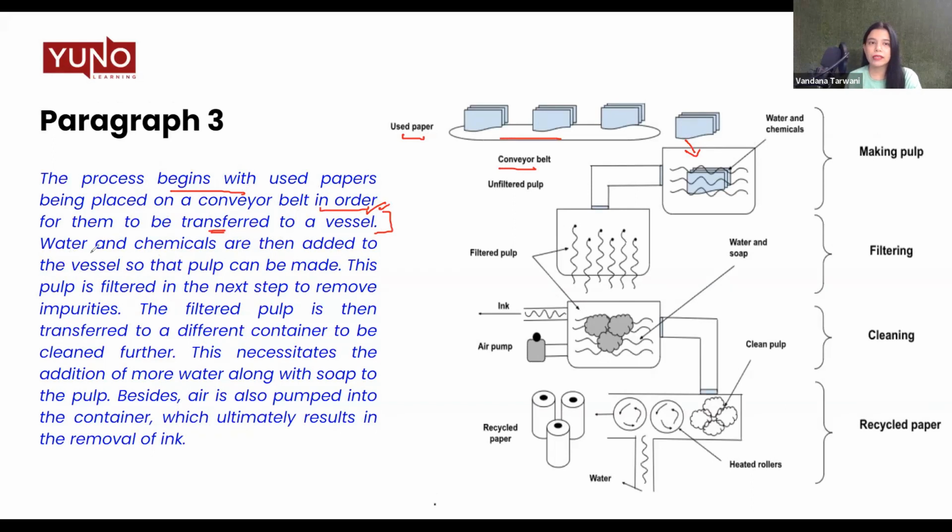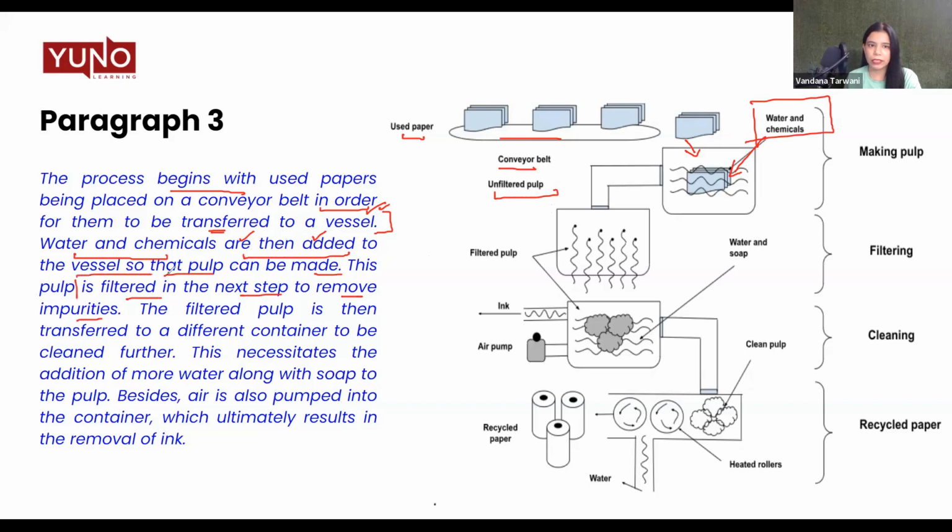Moving on, we are saying water and chemicals are then added. Again, passive voice, are plus the third form of verb. Water and chemicals are then added to the vessel so that pulp can be made. If you see, we are talking about this pulp step. This pulp is filtered in the next step to remove impurities.